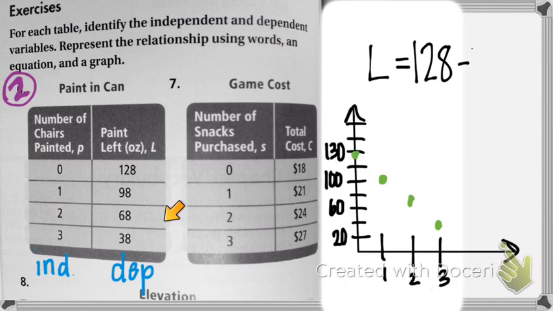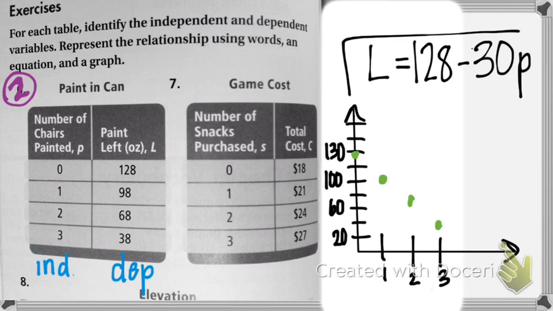So each time I'm using 30 ounces of paint, so I'm going to say 30 ounces per chair. And that's my equation. And this equation, if I were to graph this, pretending this was y and this was x, I would get a line that goes through that.